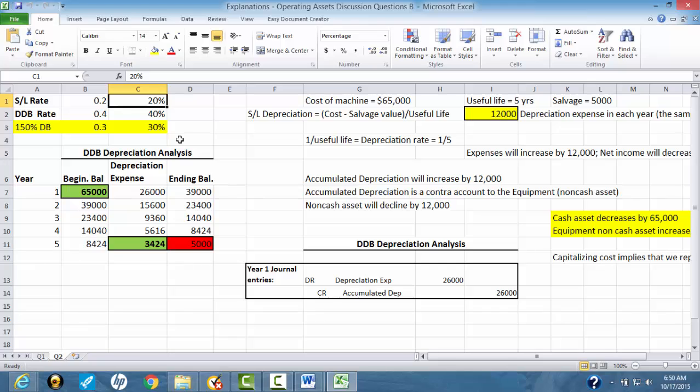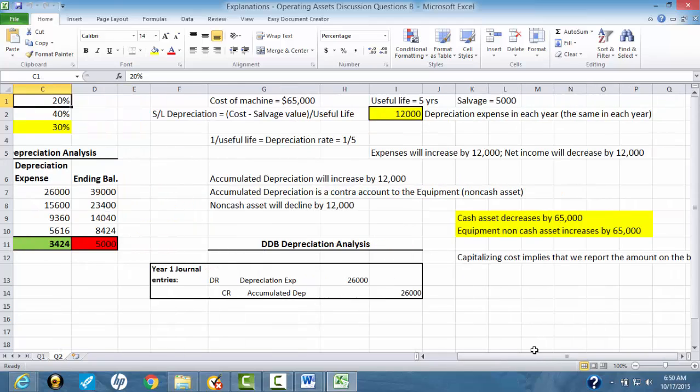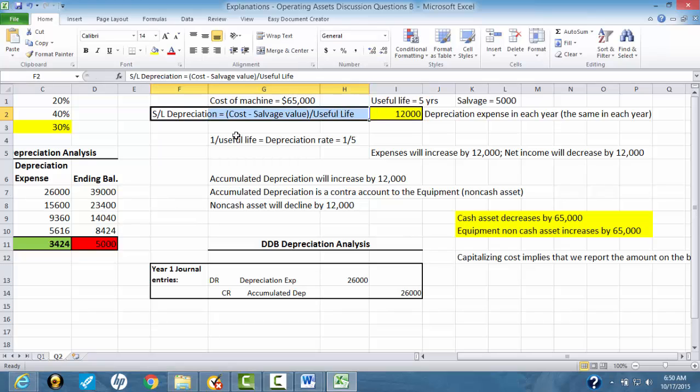Now, what this means is depreciation every year under the straight line method will be 20% of 60,000. And that's what we have here. And how did we get that? We use the straight line depreciation formula, cost minus salvage value divided by the useful life.